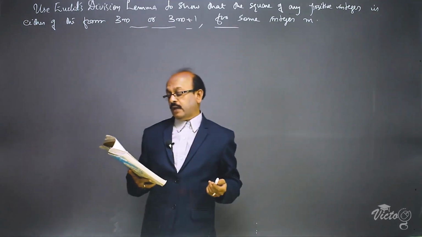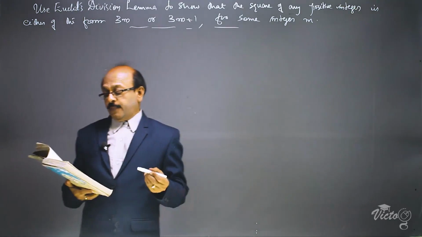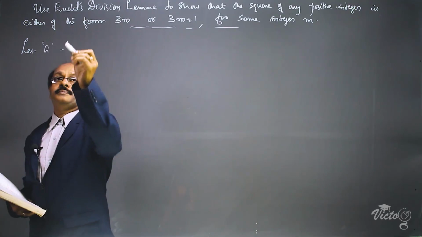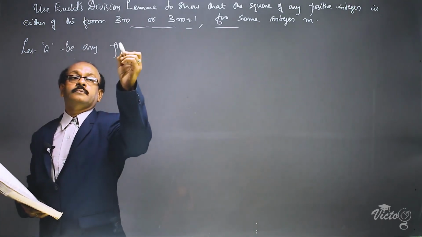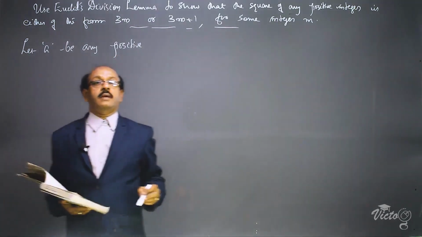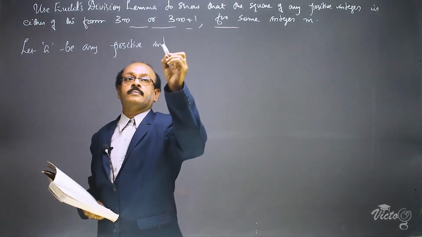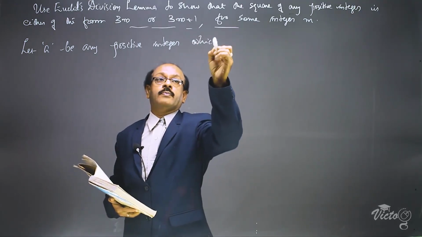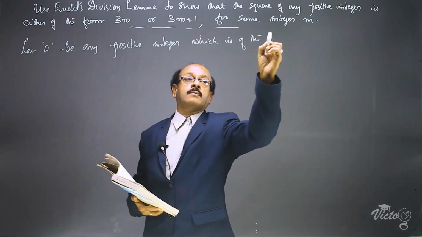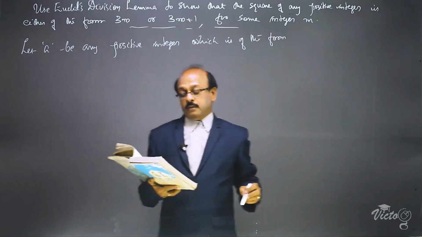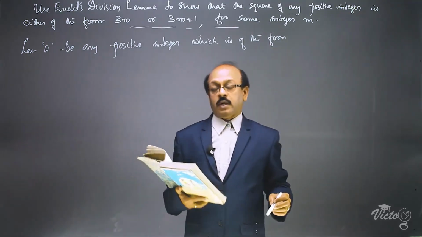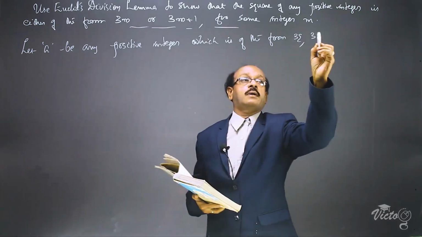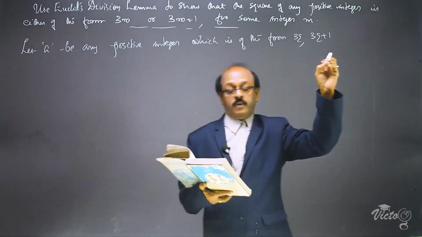So, first of all, we are assuming let a be any positive integer which is of the form 3q, 3q plus 1 or 3q plus 2.